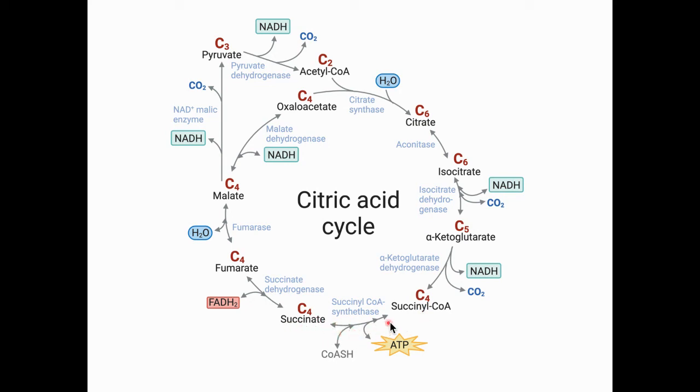This process is reversible, and the enzyme's name is succinyl-CoA synthetase. The name is similar to synthase, but synthetase means producing something but requiring ATP as energy. As I mentioned, this process is reversible.